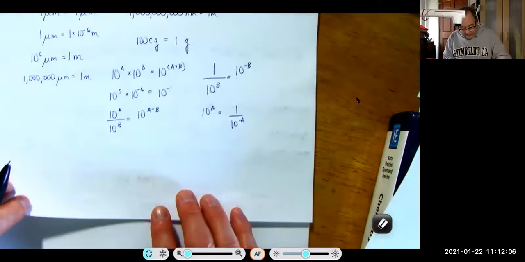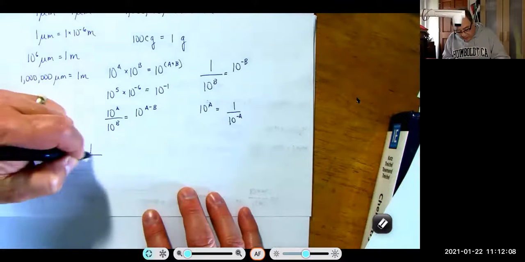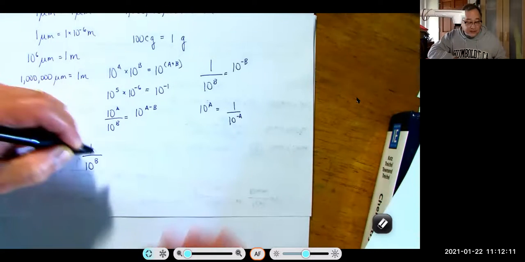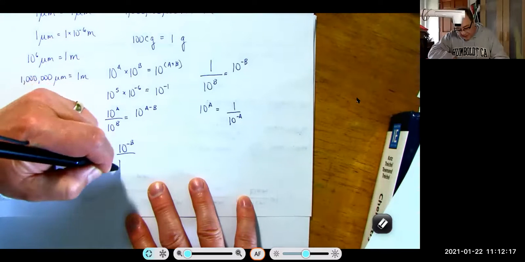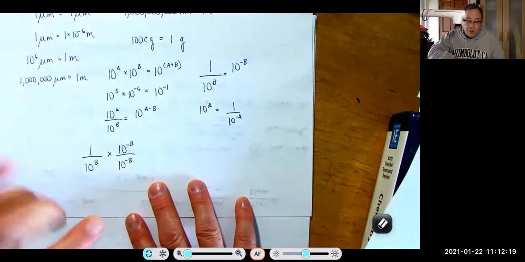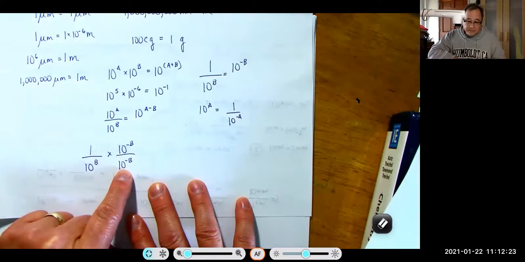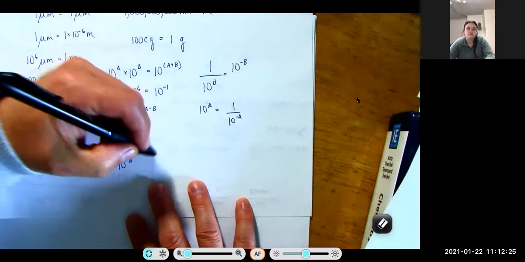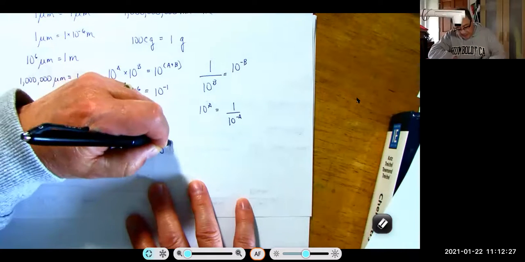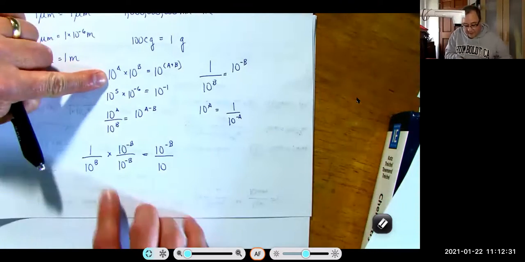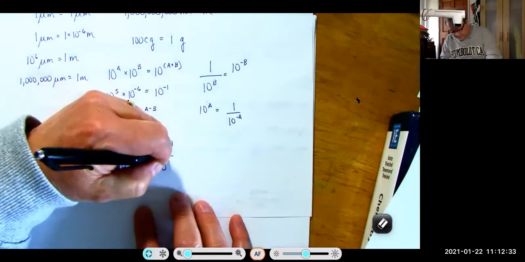So mathematically, we know that if we multiply by 1, we're not changing the value, correct? So I'm going to multiply this by 10 to the minus B over 10 to the minus B. And I would argue that that's 1 because the number up top is the same as the number at the bottom. The top becomes 10 to the minus B. The bottom becomes 10 to the, based on our rules above, B plus minus B is 0.